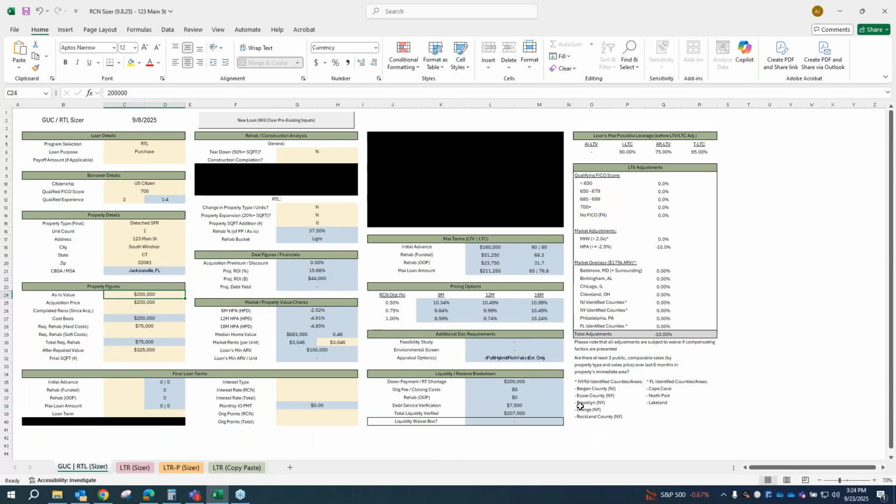Now you're going to see it in other areas other than here, but these areas here are extremely important to note. I had a sizer this morning that came over in Lakeland, Florida.